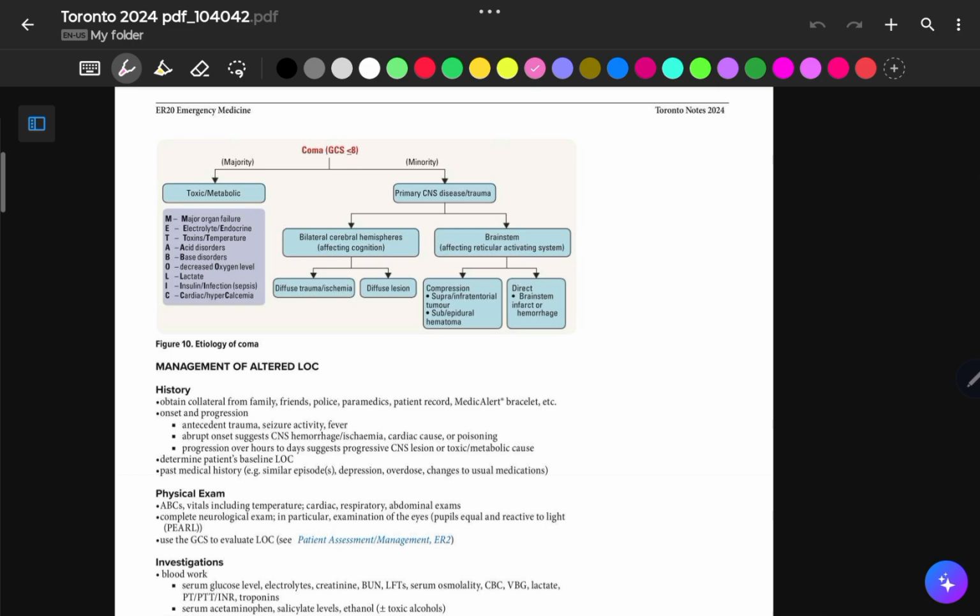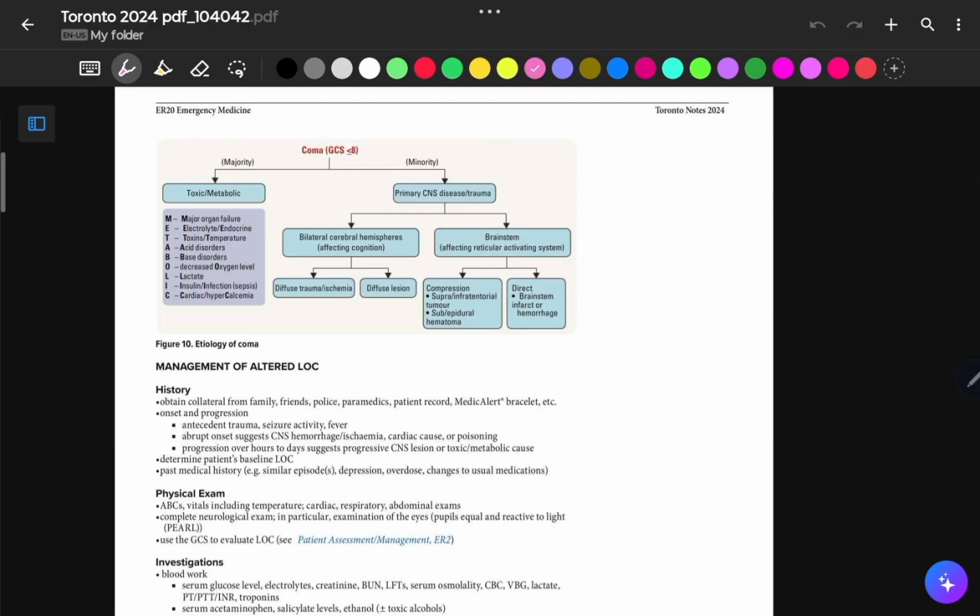So you first want to check for any metabolic or toxic causes, where you're looking for major organ failure, electrolytes, endocrine abnormalities, any toxin, any temperature, any acid disorders, any base disorder, any decrease in oxygen level, lactate, insulin, infection, cardiac or hypercalcemia. You should try and rule that out.